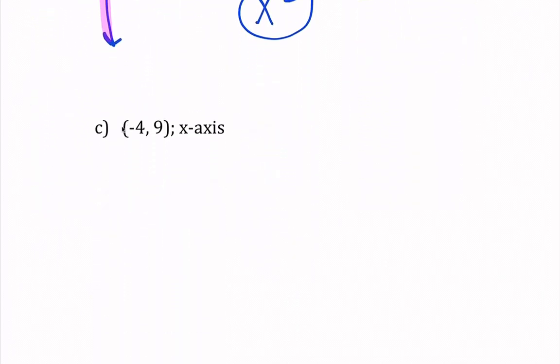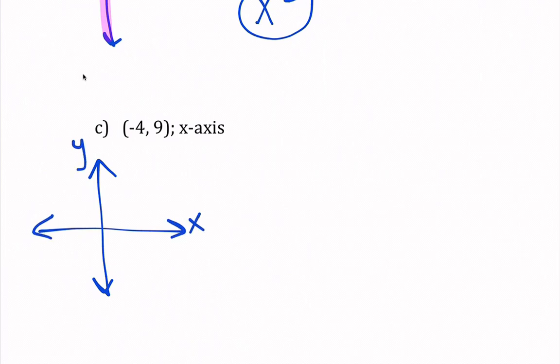On this next one, I want it to be parallel to the x-axis. So let's draw a picture. This is the x-axis, this is the y-axis. I want it to be parallel to this guy. So any line that's parallel to the x-axis will also be horizontal. So I'm going to write horizontal.